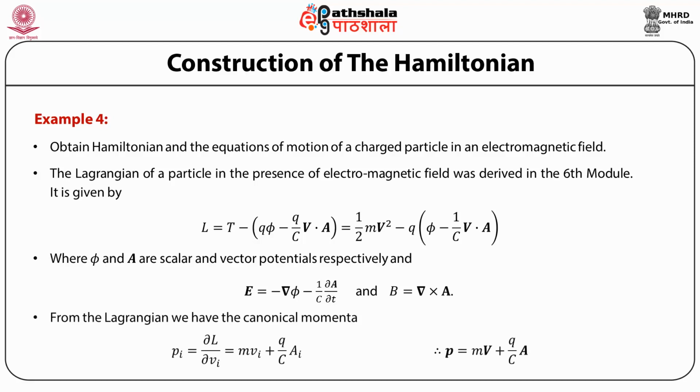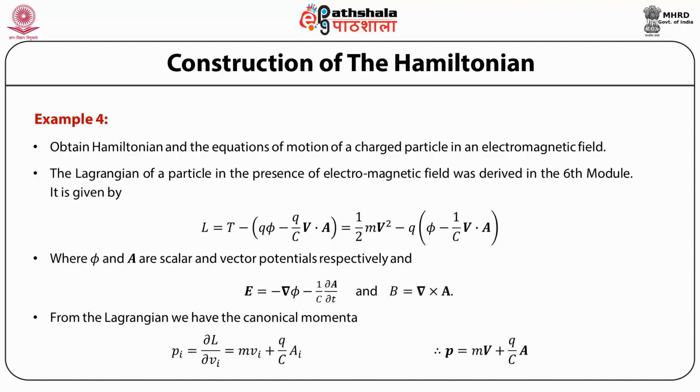From the Lagrangian, we have the canonical momenta. Pi is the partial derivative of L with respect to the ith velocity, that is, Pi is equal to dL by dvi. So we have taken the derivative of L with respect to vi. So Pi is equal to mvi plus q by c Ai, where i here stands for the component. Therefore, the canonical momentum P is equal to the momentum mv, the Cartesian momentum, plus q by c into the vector potential.